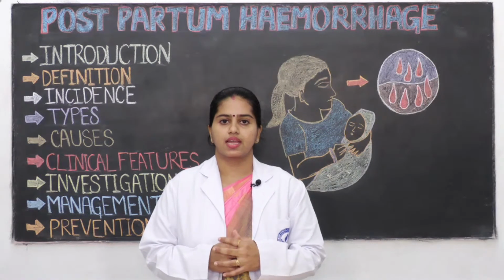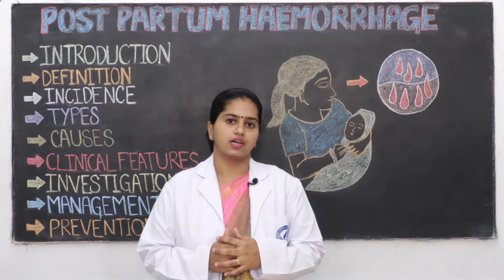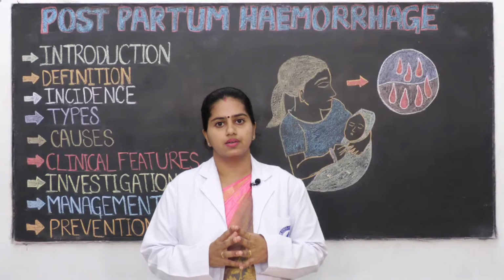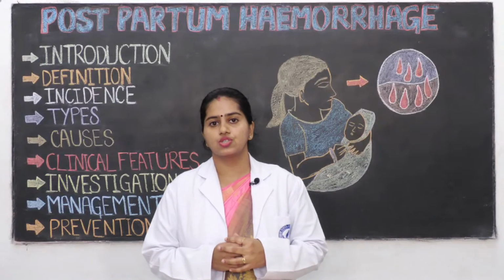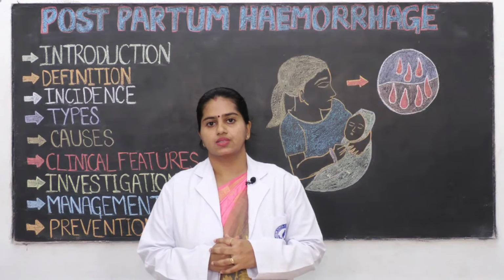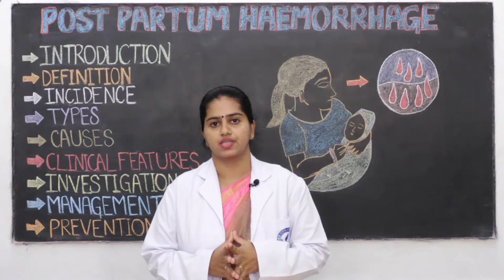The examination can be done under anesthesia. If needed, they can do the surgical procedure and remove the placental or other tissues present in the uterus, or control the bleeding. This is the main management under secondary postpartum hemorrhage.